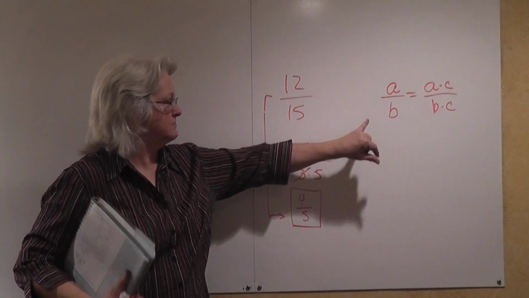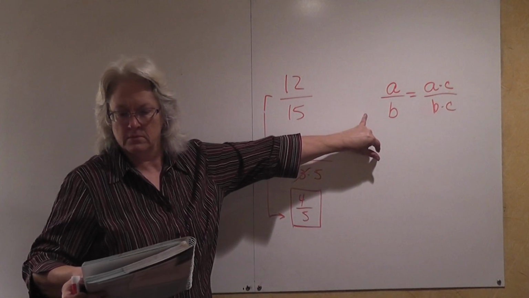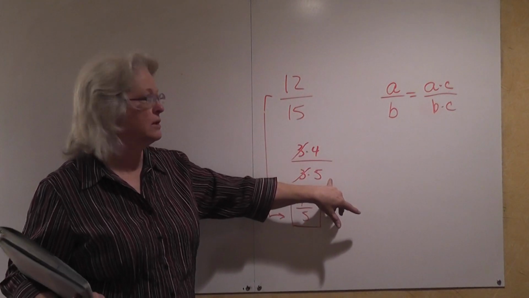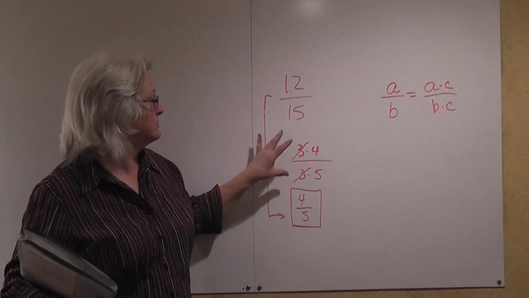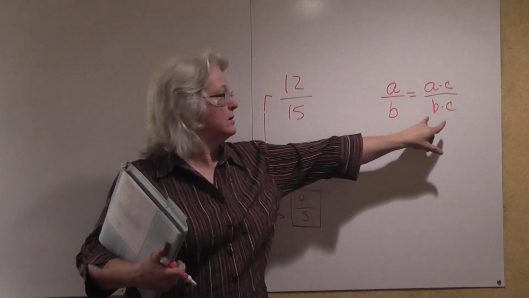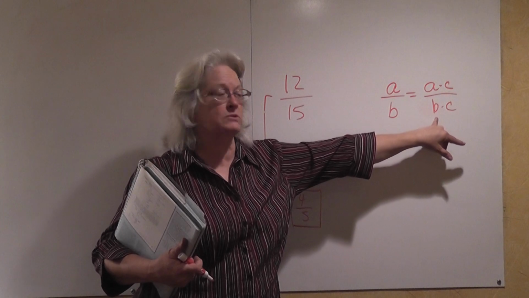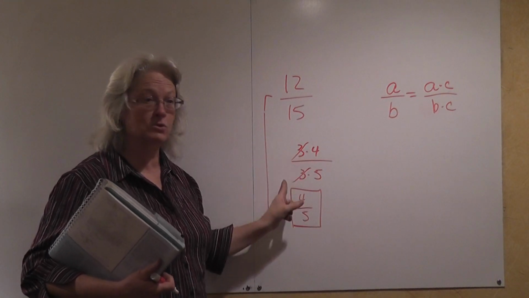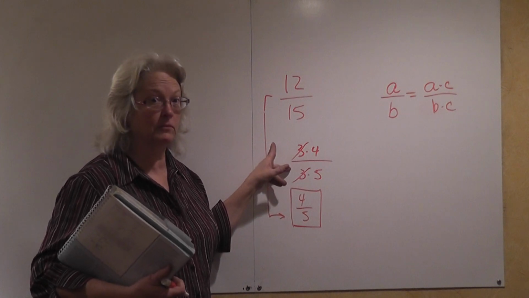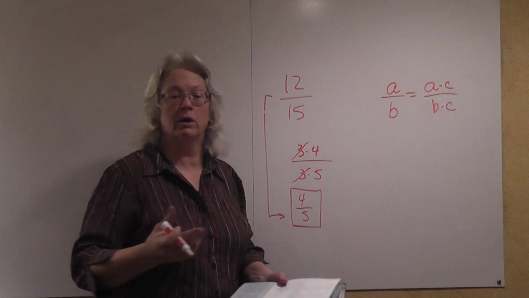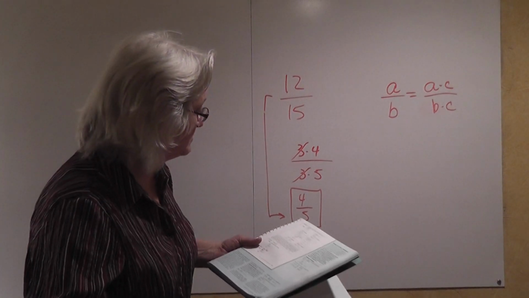It was this pattern right here that allowed us to write the fraction 12/15ths as a times c over b times c. We canceled out the c's. That's where we canceled out these values of 3 right here. And we're going to be doing that same thing with simplifying polynomials.